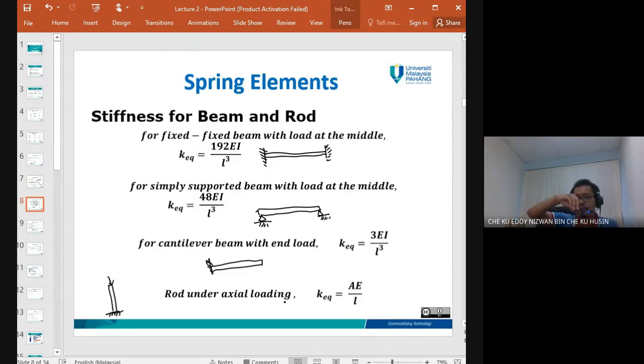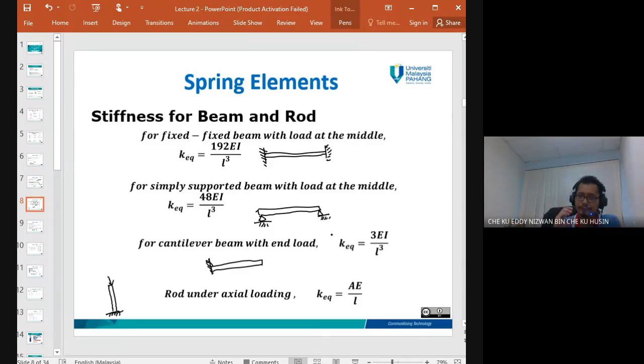Okay, and then one more thing, if the mass is twisted, that one you have to consider the torsional system, so you have to consider the torque.